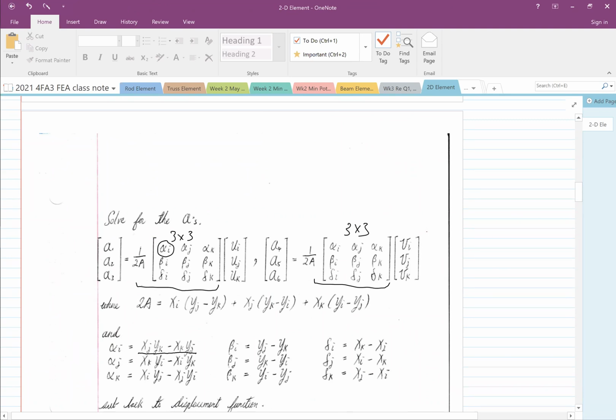Each term can be evaluated from the coordinates. This is all coordinates, okay? And the area, 2A, is the area of the triangle. You may calculate the area by itself. Well, we all know how to calculate the area of a triangle, right? Or you may use an Excel spreadsheet to calculate that.